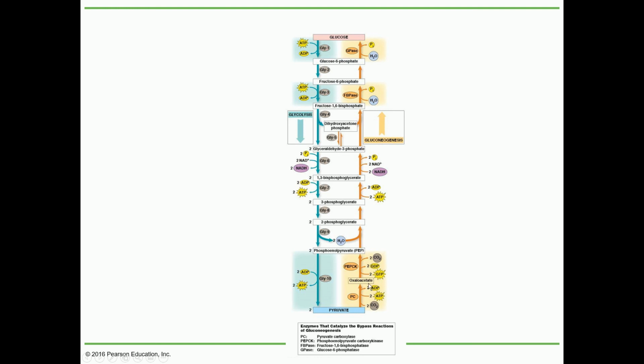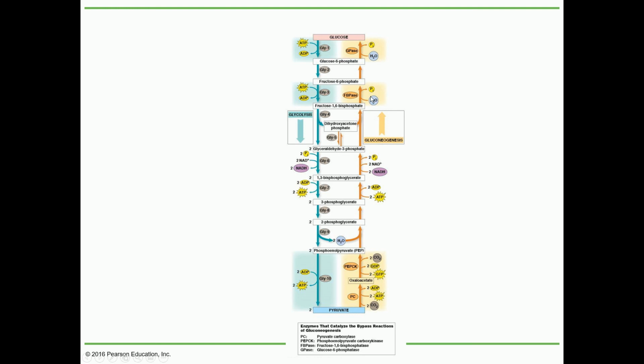Then oxaloacetate is converted into phosphoenol pyruvate. There is again a loss of carbon dioxide and again an input of energy here, and this takes place with the help of the enzyme phosphoenol pyruvate carboxykinase. Other than that, all these steps are just the reverse of glycolysis. Then there is another step in which fructose 1,6 bisphosphate is converted into fructose 6 phosphate with the help of the enzyme fructose 1,6 bisphosphatase, losing a phosphate.